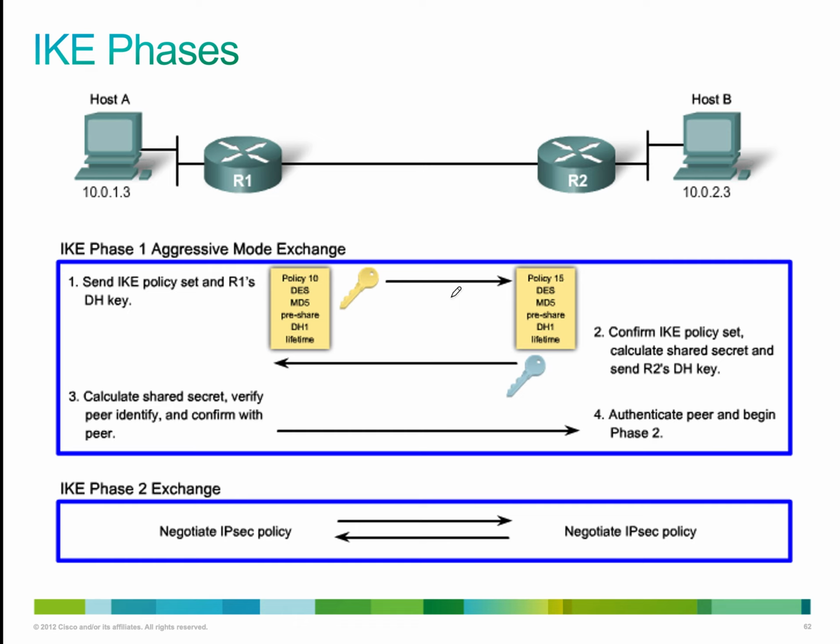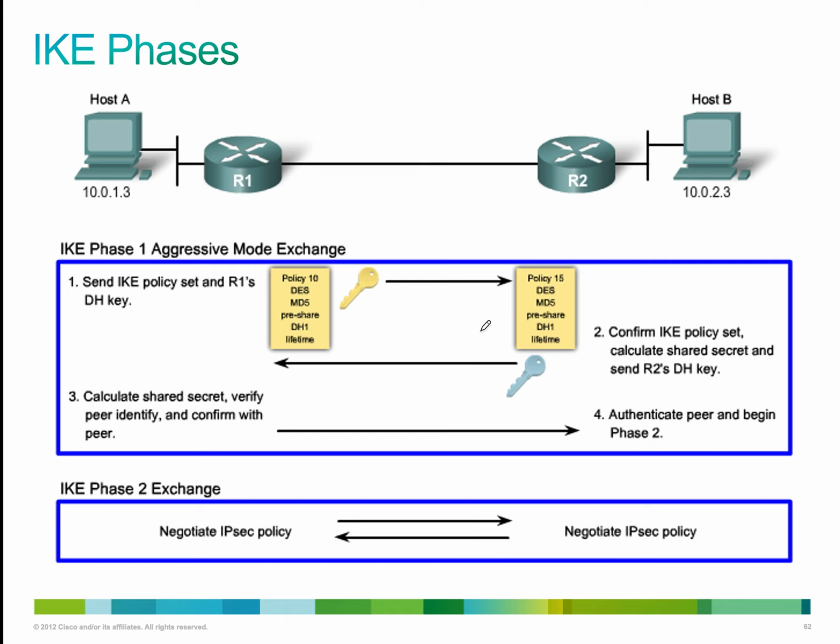Once they see the security sets are in place, router 1 will send router 2 the DH key. Then router 2 will do the same. Router 2 will calculate the shared secret, verify the peer identity and confirm with the peer, and then authenticate the peer and begin phase 2. This is the IKE phase 1 exchange. Once this happens, they will start phase 2.